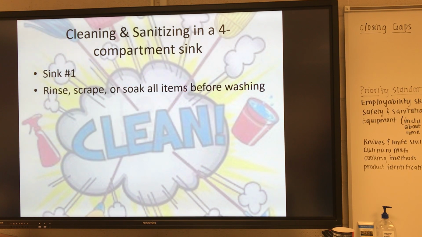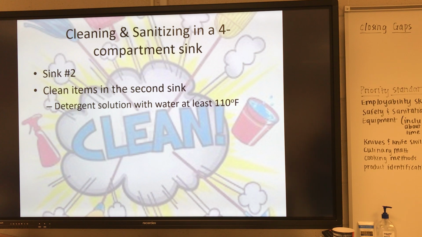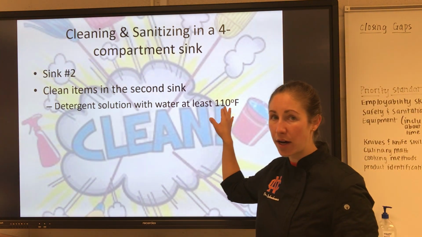All right, I'm going to skip that. Guys, the 4-compartment sink for manual dishwashing. You've been exposed to this a lot more than a typical semester would, so I'm going to zoom through this. Sink number 1, you're rinsing. You're getting it visually clean. Sink number 2, you're washing with detergent. You're looking for water that is about 110 degrees.